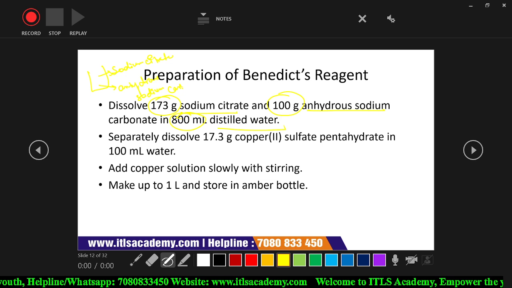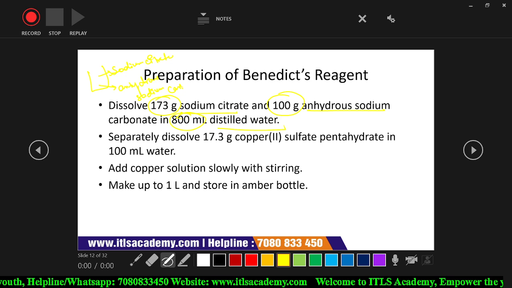Separately we prepare the copper sulfate pentahydrate solution. So again we take 100 ml of distilled water and 17.3 gram of copper sulfate pentahydrate. Then we add the copper solution into the sodium citrate solution and mix it properly. Then we make up the volume to 1 liter with distilled water and store it in an amber bottle with proper labeling.